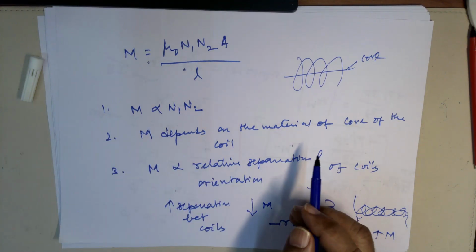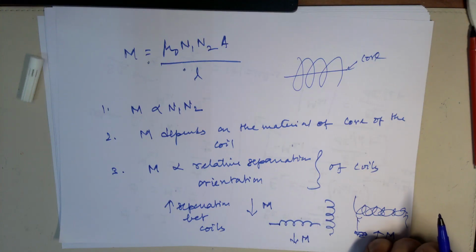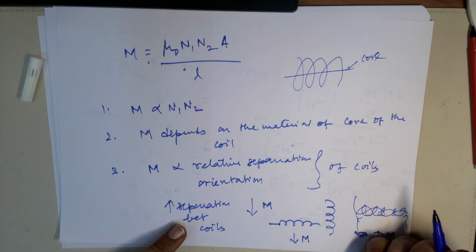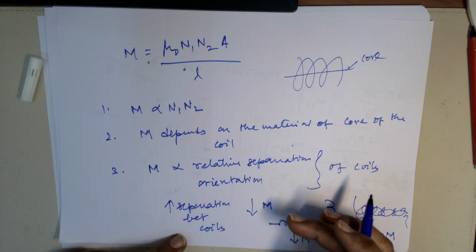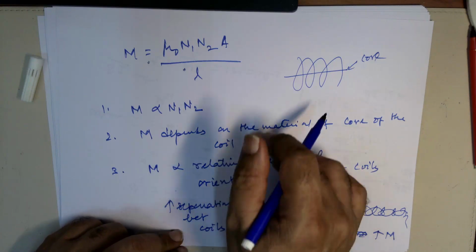Why? Because we already discussed that the distance is a very important factor here. So when the separation between the coils increases, the mutual inductance decreases. When it decreases, the mutual inductance increases.